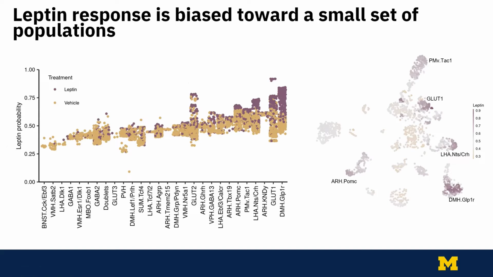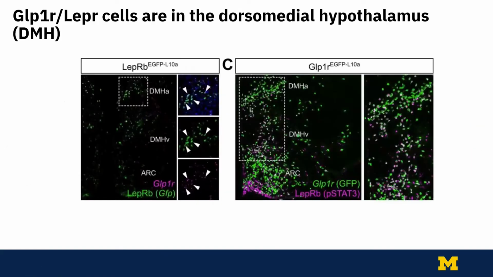So we became very interested in this DMH GLP-1 receptor population, which has high levels of leptin receptor and is highly regulated by leptin treatment. So we wanted to know precisely where they're expressed in the hypothalamus. So using two distinct approaches, we generated mouse lines where we could co-localize leptin receptor-driven GFP and GLP-1 receptor expression, or GLP-1 receptor-driven GFP and leptin receptor expression.